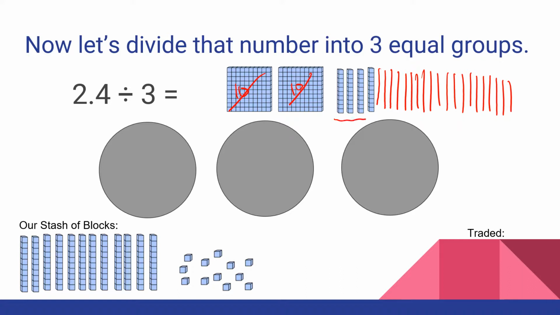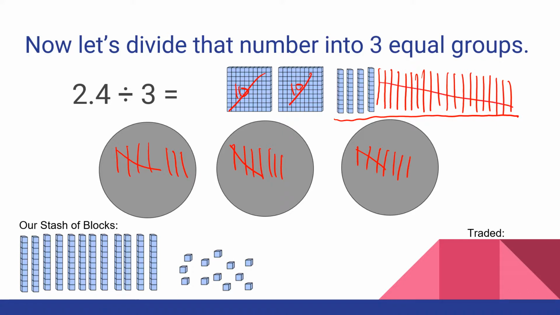That gives me a total of 24 tenths. Now if I start counting, 1, 2, 3, up to 24, it divided evenly into 3 groups. In each group, I have 8 tenths.